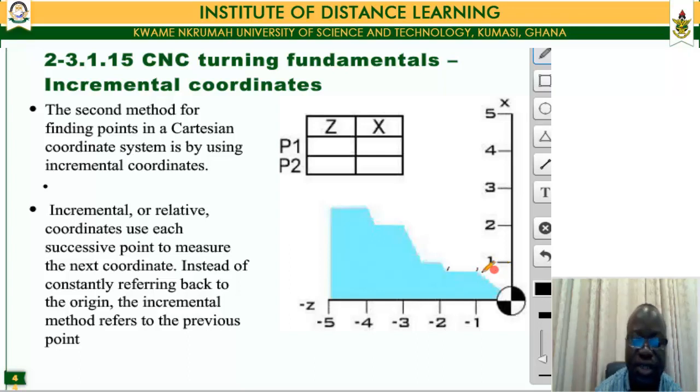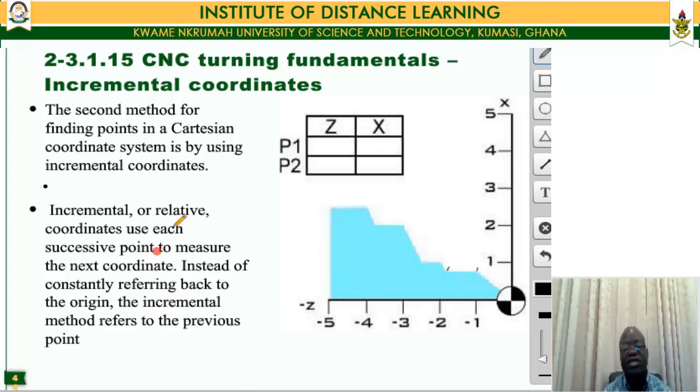Okay, now when we move on to this point, we'll have no change in the x. So that is going to be 0 for the x. But for the z, it changed from -1 to -2. And so the relative coordinate position of this is going to be -1 because it's from -1 to -2.